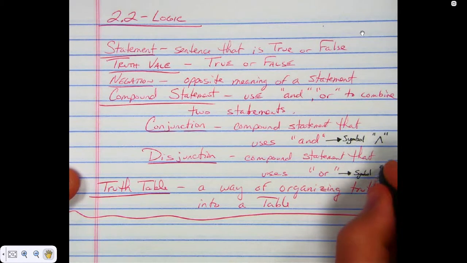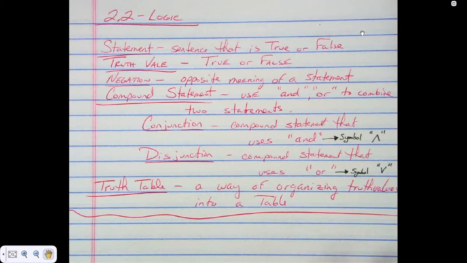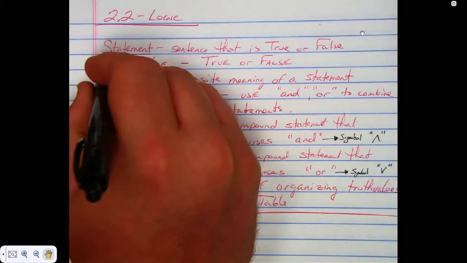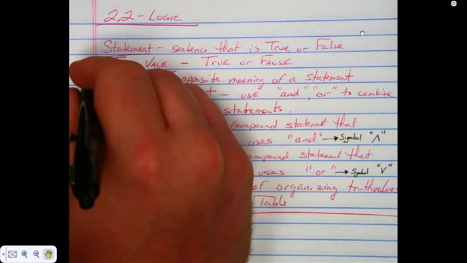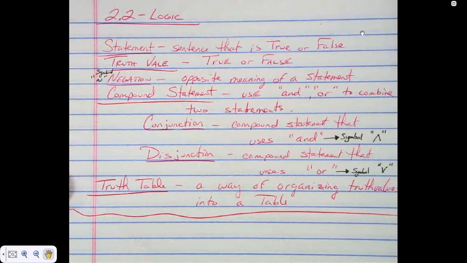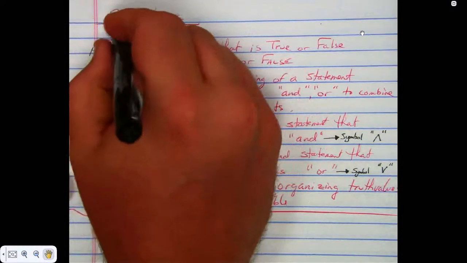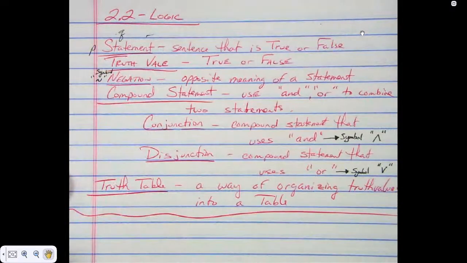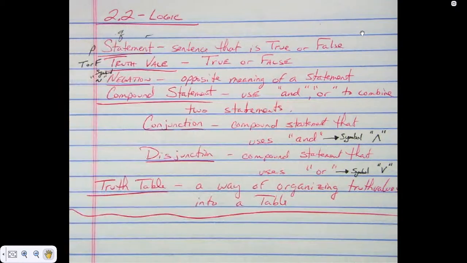Your symbol for or is a capital V. Okay? Symbols we use for negation is we use that. For a statement, we use P, or you use Q sometimes, or things like that. For truth value, we do T or capital T or capital F, right?